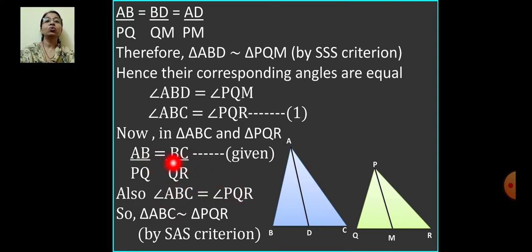That means two sides are in proportion and included angles are equal. So that means triangle ABC is similar to triangle PQR by side angle side criteria.